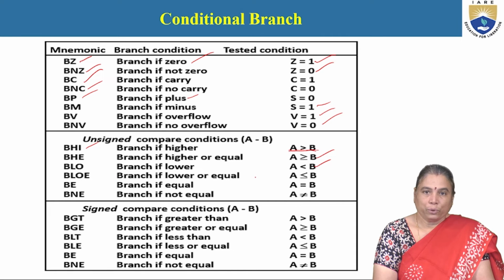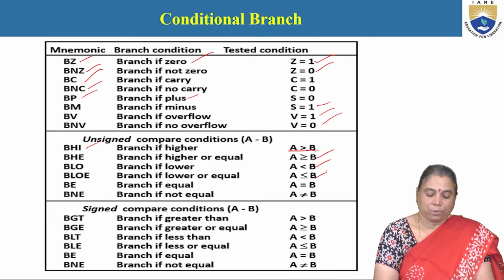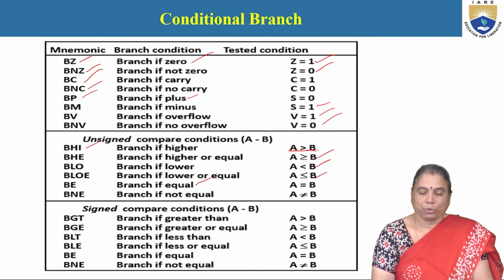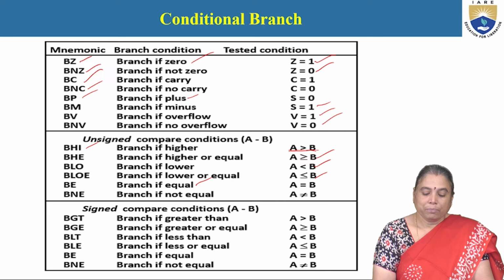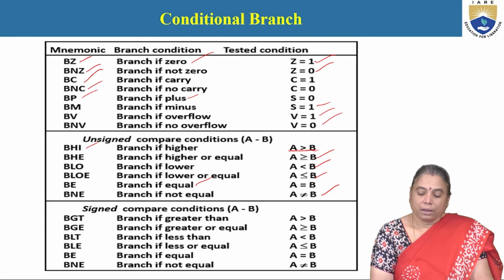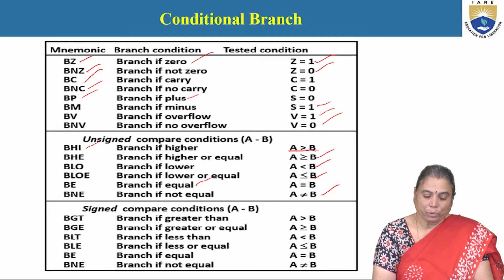BLOE, branch if lower or equal, that means A is less than or equal to B, the branch operation is performed. Next is BE, branch if equal. If A is equal to B, the branch operation is executed. Next, BNE, branch if not equal. When A is not equal to B, the alteration of the program sequence control is executed.